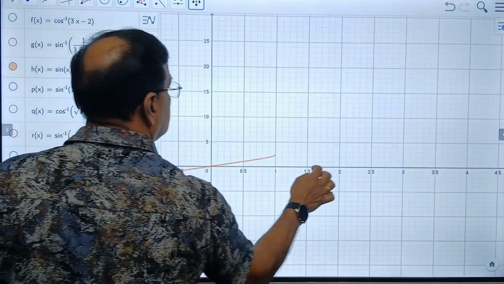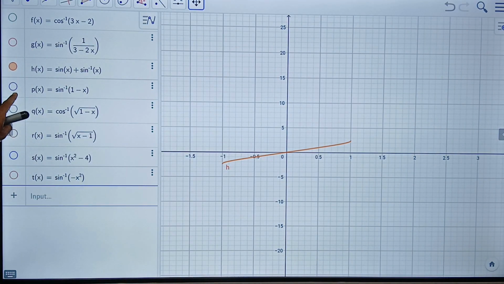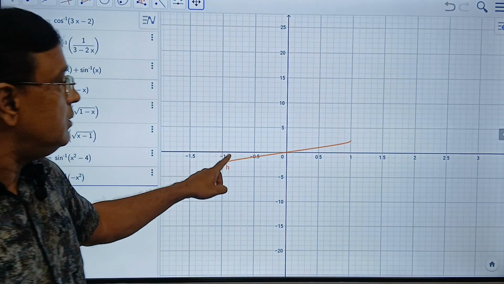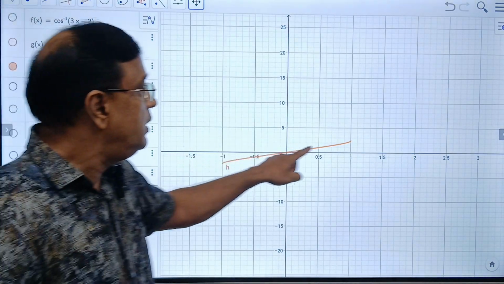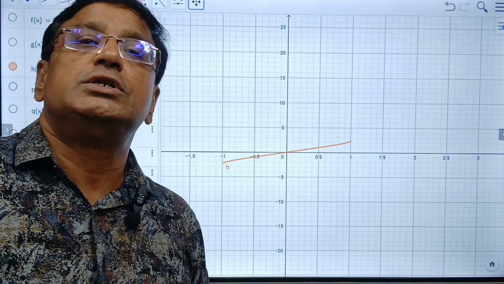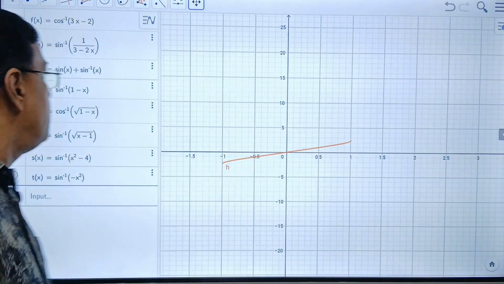I'll just move it to this side. This is the graph of sin x plus sine inverse of x, where the minimum value of x is minus 1 and the maximum value of x is 1. So that is why we got the domain as closed interval minus 1 comma 1. So visually you can confirm it, okay.